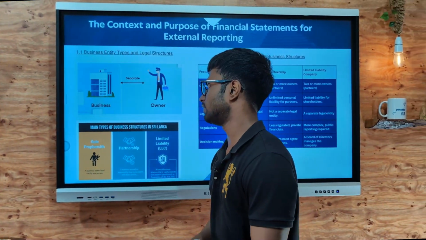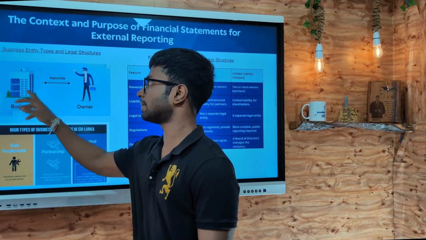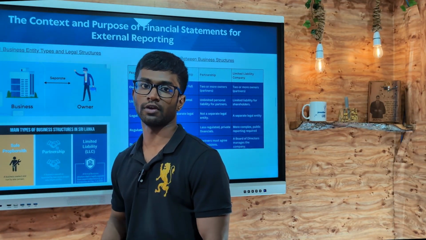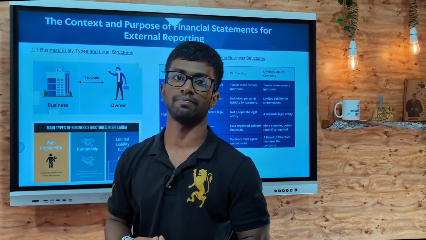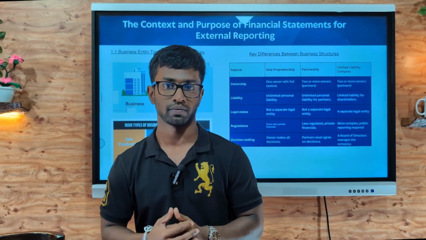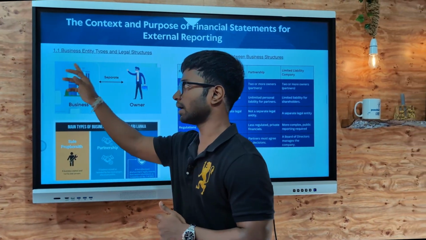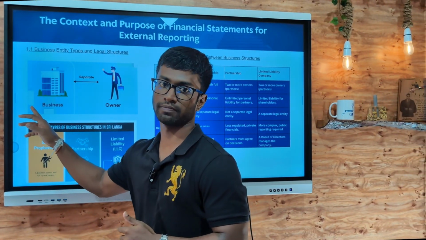Look at the side I have included. Here it says business, the owner. They are two separate elements, they are not the same. Now keep in mind, even though a business belongs to the owner, when we are preparing accounts, we don't prepare it for the owner, we prepare it for the business.